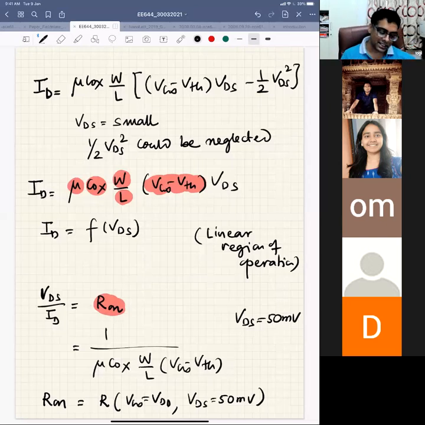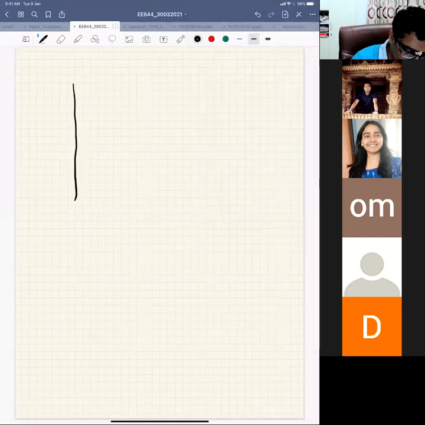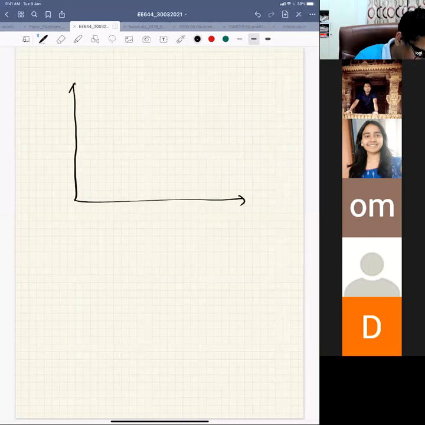So in this region of operation, if you plot ID and VDS, this point is VGS minus VTH, which means I am operating here.